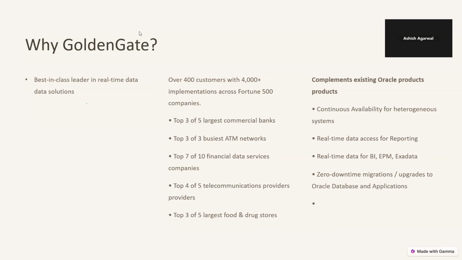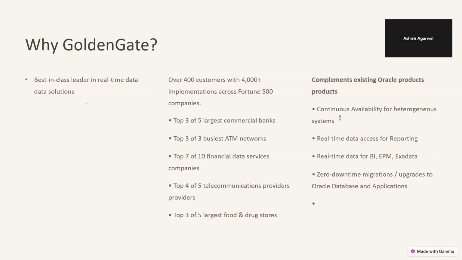Okay. Because it is being used by all top banks and telecommunication providers, it is getting very popular. All food and drug stores like Shoppers Drug Mart in Canada and US are also using Oracle Golden Gate now.